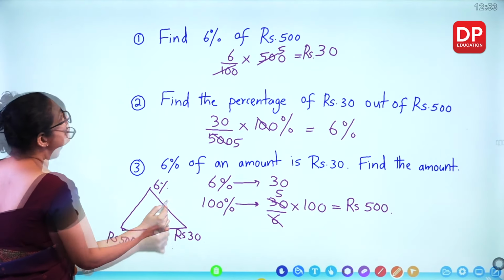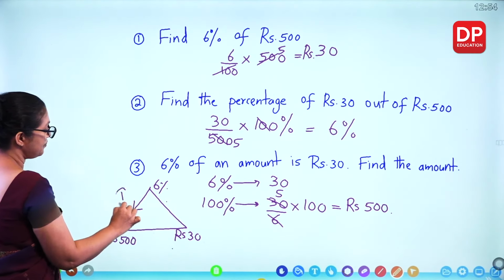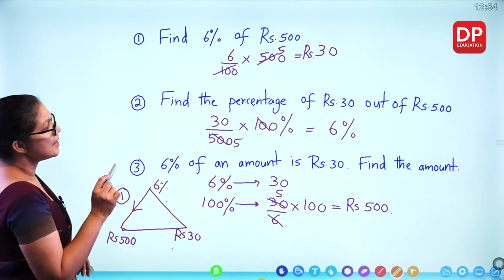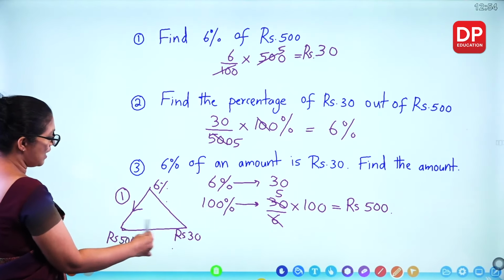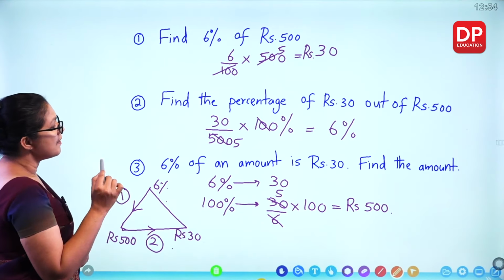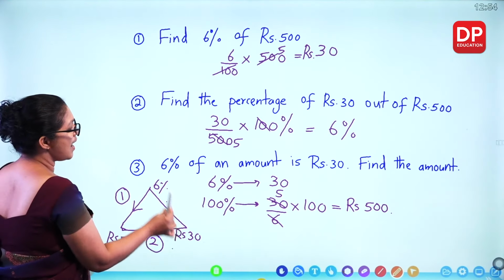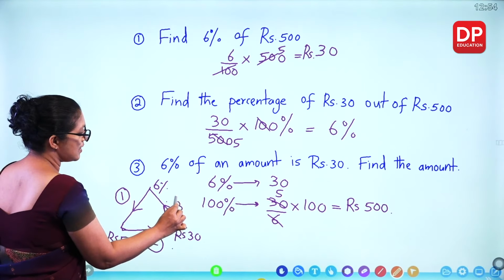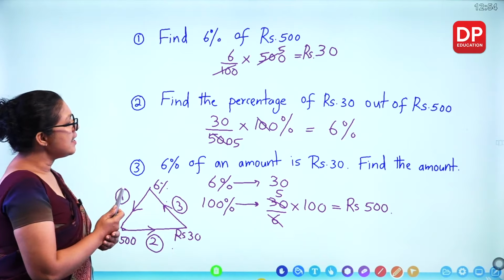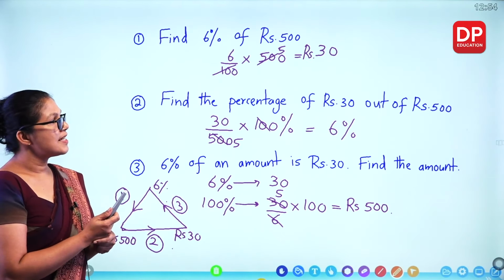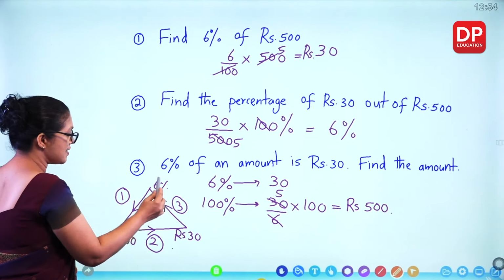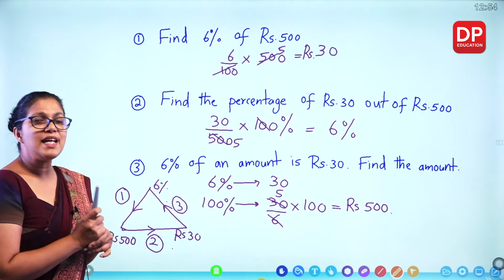So that's this one. And the second one, 30, the part and the full amount given. So that's this one. And the third one is part and the percentage is given. That's the third one. So if you can do any type of question in percentages, that means it's easy for you. So you can get the same question in 3 different ways.